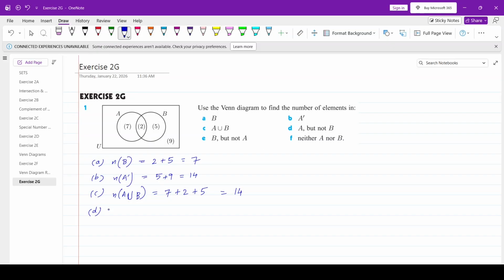A but not B. So the number of elements in A but not B is going to be A minus the part where B is present. Therefore, 7. B but not A. So B but not A is this part.